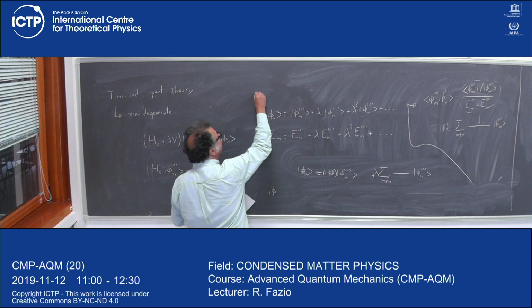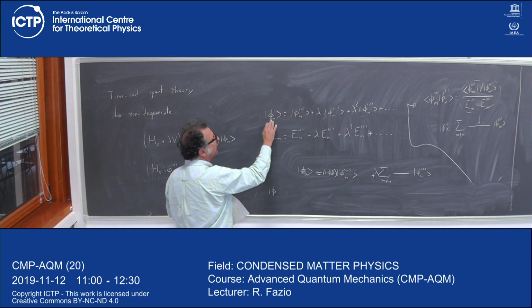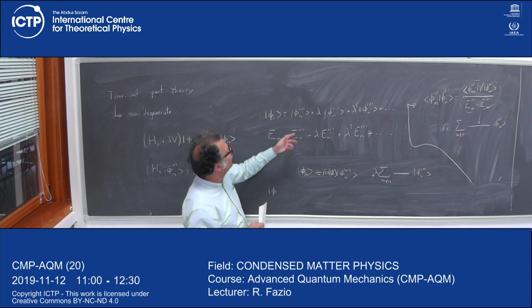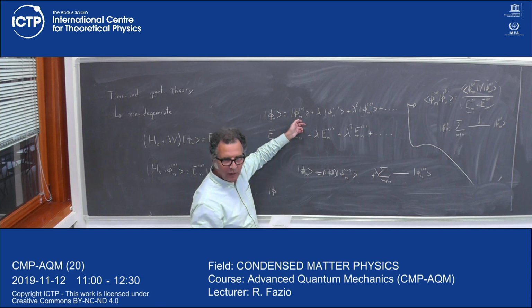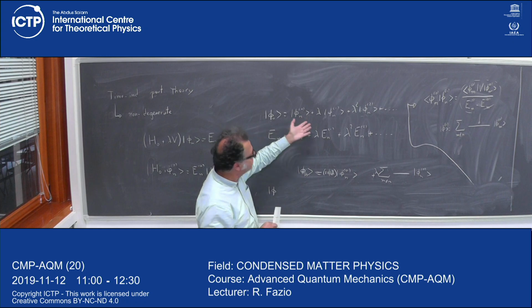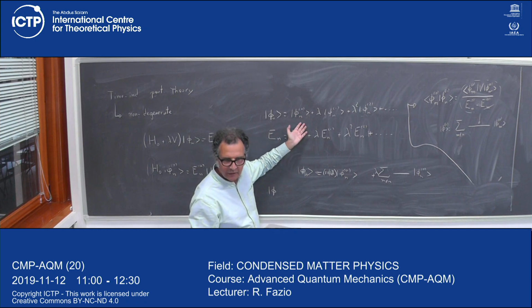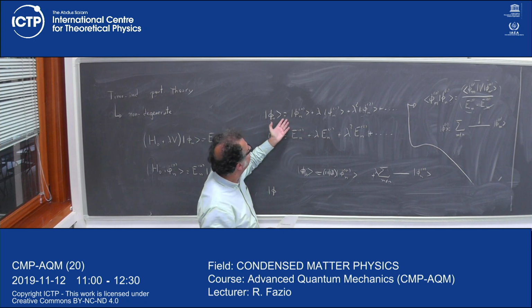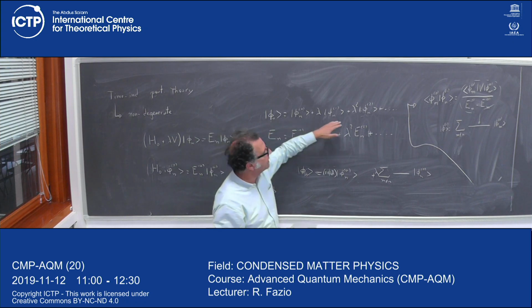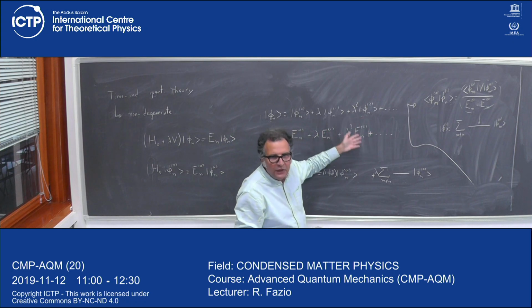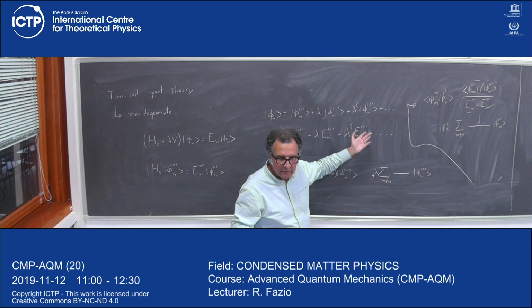So what I want to say is the following. Phi n should be 1. You know that phi 0 should be 1. Now, of course, there is something which is weird here. If you stop at the second order, if you stop at the third order, it cannot be that each time it is always 1.